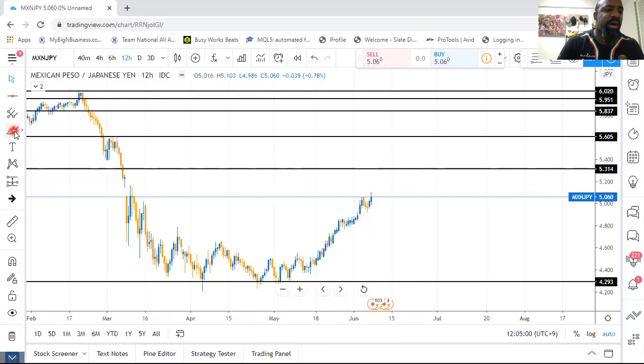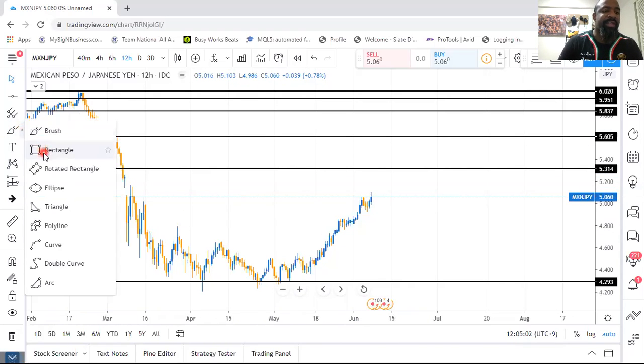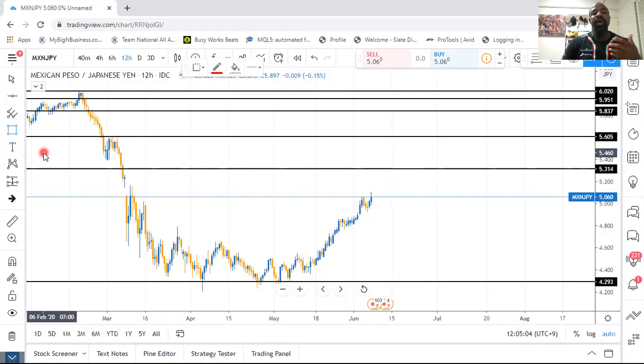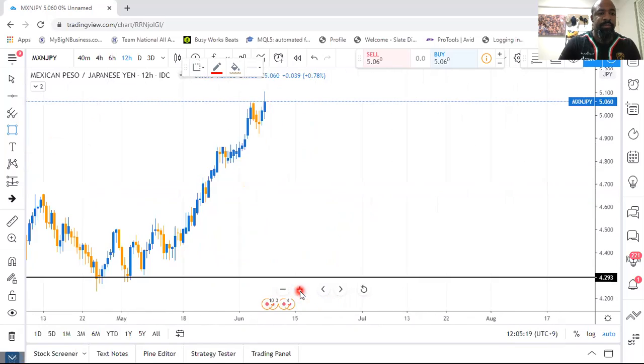Now we're going to use the rectangle tool to mark out some tight, high probability zones where we can take a decent move. We have this high up here. Let me zoom in some more so you can see what I'm doing.